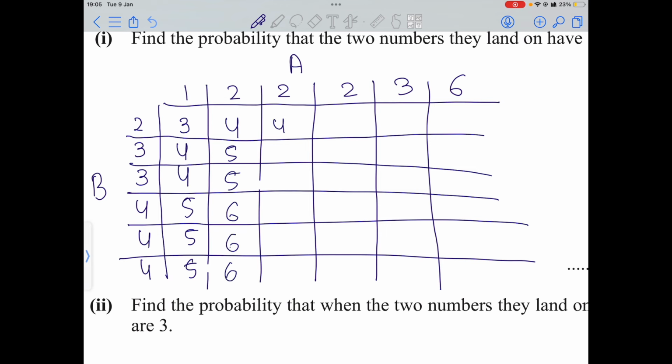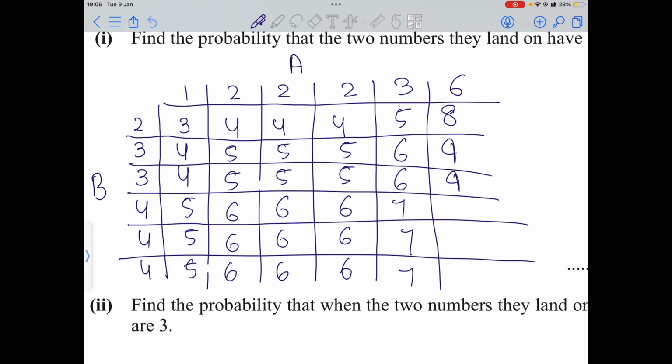Just copy down the same values, 4 5 5 6 6 6. Now 2 plus 3 is 5, 3 plus 3 is 6, 6, and 4 plus 3 is 7 7 7. And obviously if you take the 6 values, it's not going to land on a 6, it's going to land on something greater than that because you don't have 0. But still, I'm just going to do it so that if you guys have any confusion, you can avoid it right now rather than actually taking it forward.